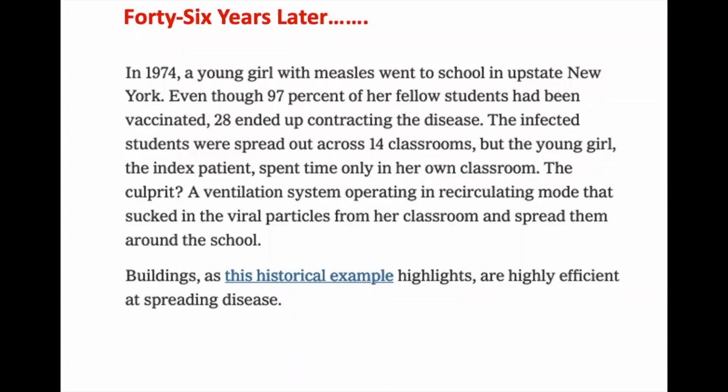Basically what they have on top of that school is these rooftop units that recirculate to provide ventilation theoretically and heating and cooling. And because of that, it spread all through the school. That was 46 years ago. And today, I am sorry to say, we are still putting the same equipment on top of the roof.